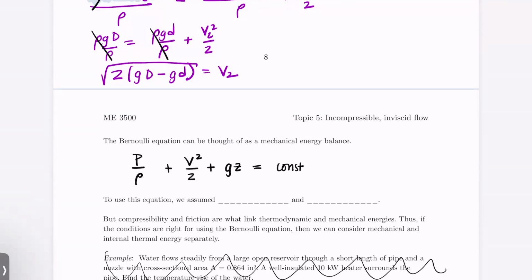So does V squared over 2 remind you of anything? Perhaps kinetic energy? And then G times Z hopefully is reminiscent of potential energy.